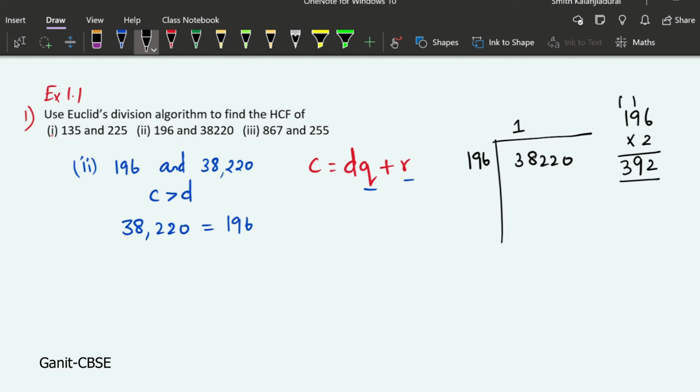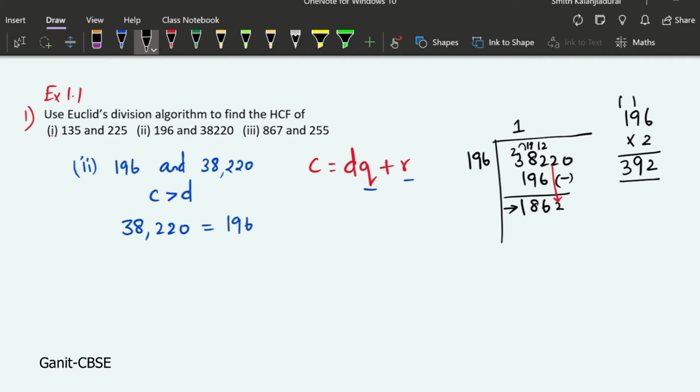So let us stick with 1, which is 196. 1 times 196, and if we subtract, you will get 186. 186 is smaller than 196. So we'll drop the 2, and we get 1862.